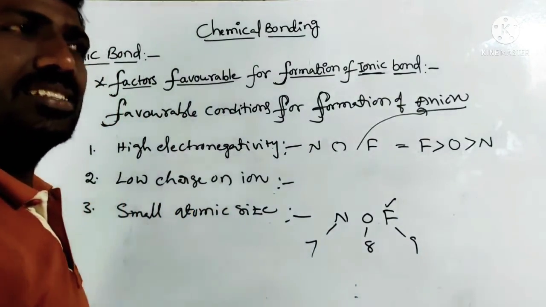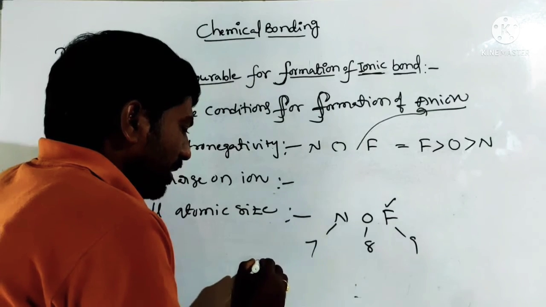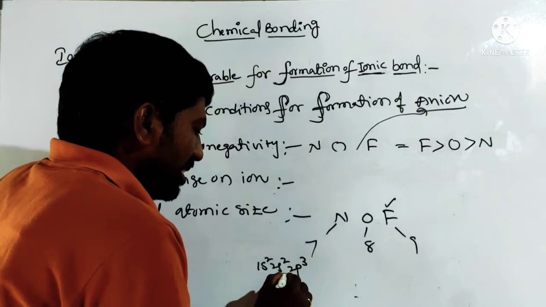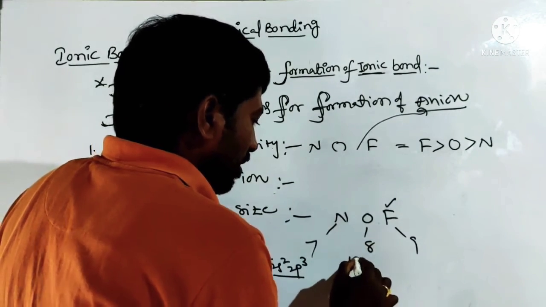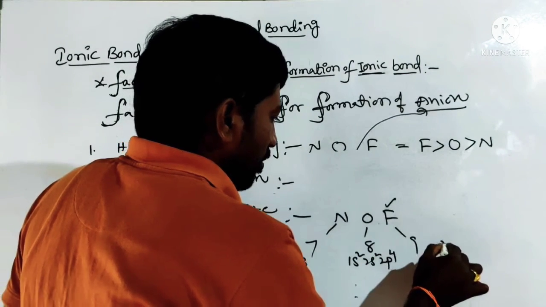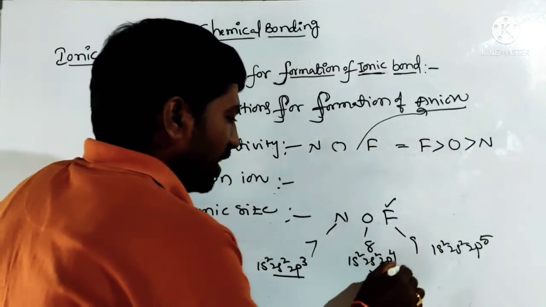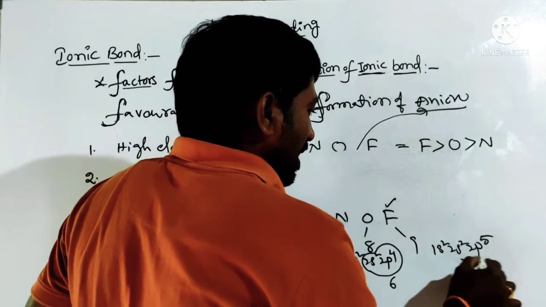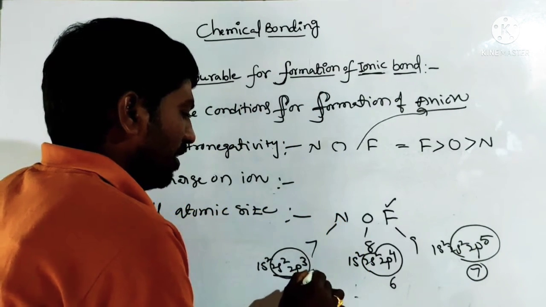Nitrogen atomic number 7: 1s2, 2s2, 2p3. Same second shell. Here also 1s2, 2s2, 2p4. Here also 1s2, 2s2, 2p5. Here a small change: here a total of 6 electrons, here 7 electrons, here 5 electrons.